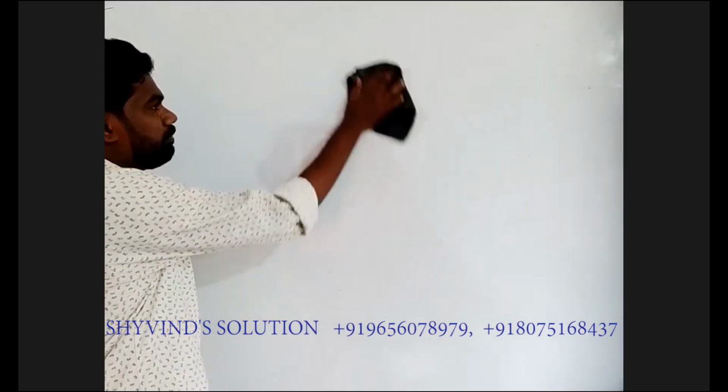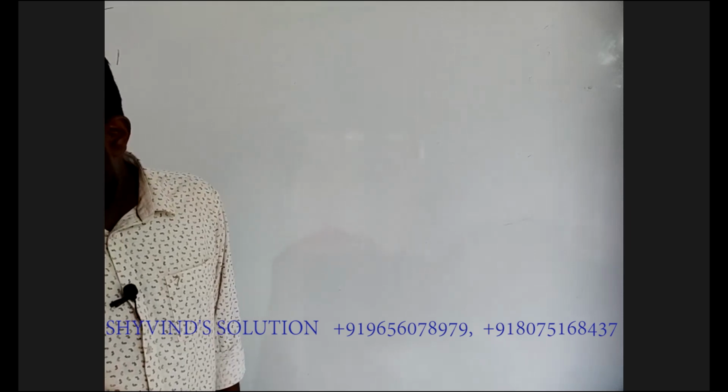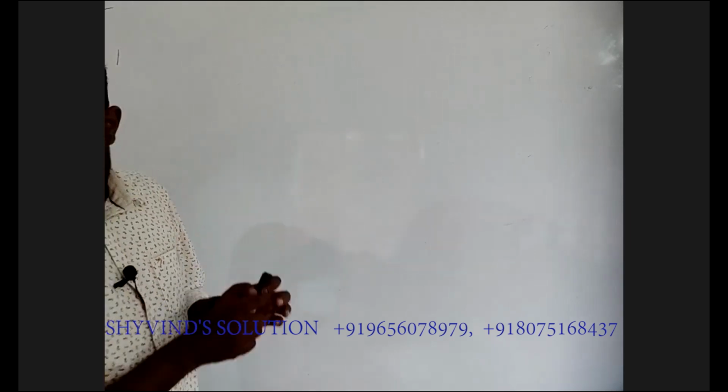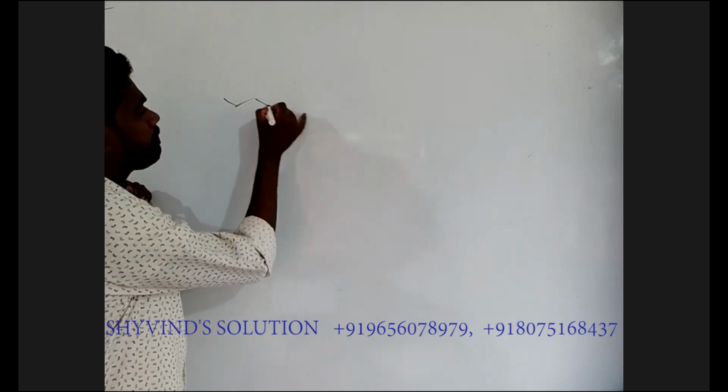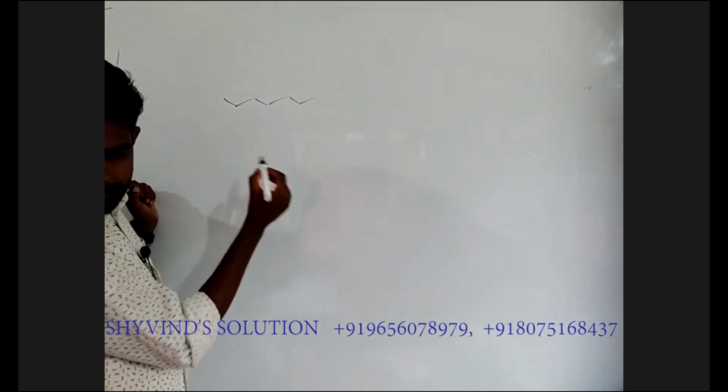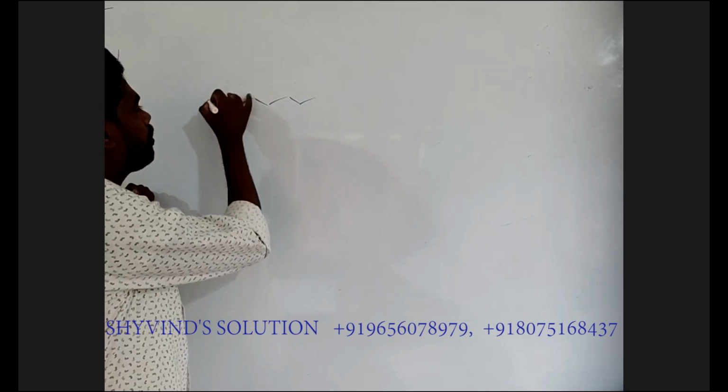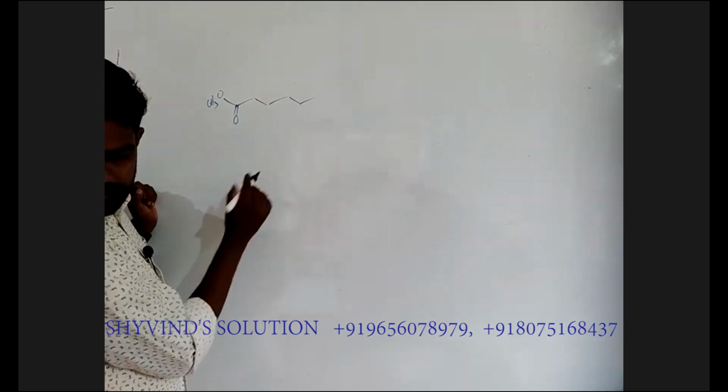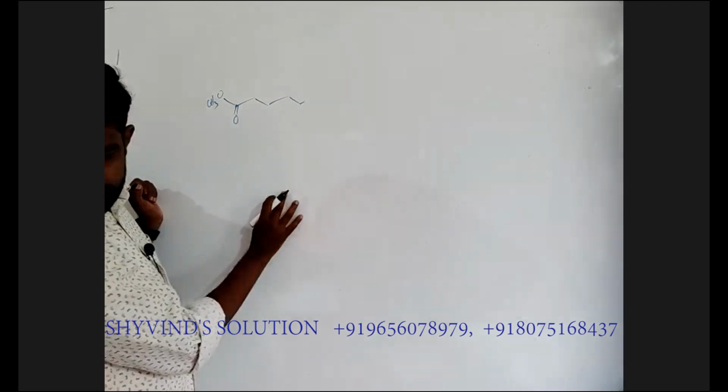So in the product, we are given something like this. We have a double bond, O, OCH3. This is the molecule given.